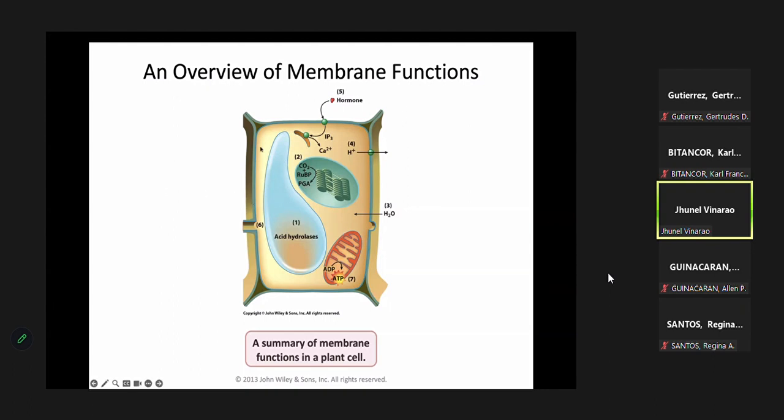So, ayan. So, yung first function or based from this figure, isa sa function ng mga membrane is compartmentalization, no? Kaya merong sariling function yung mga organelle natin, no? Dahil contain sila sa isang membrane. Second one, where's the item number 2 here?